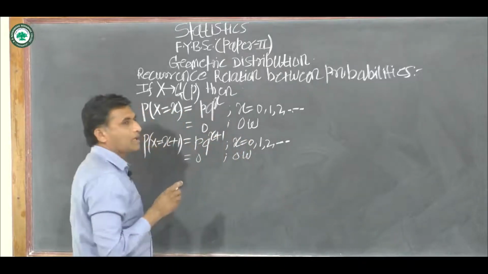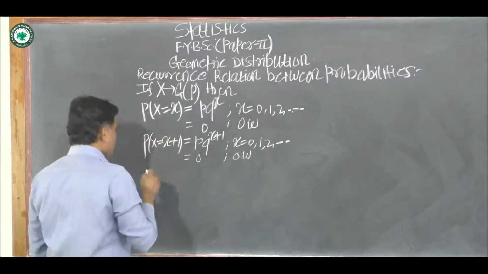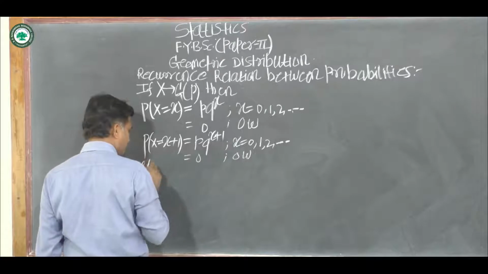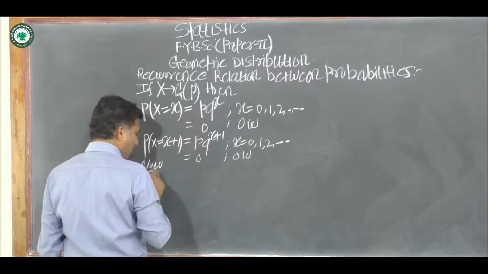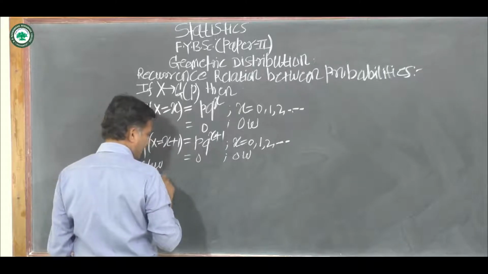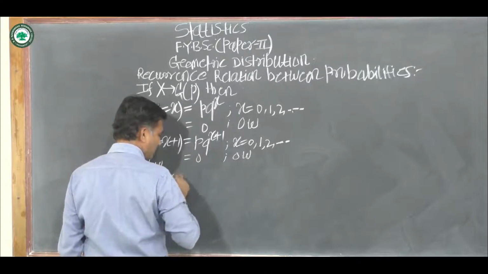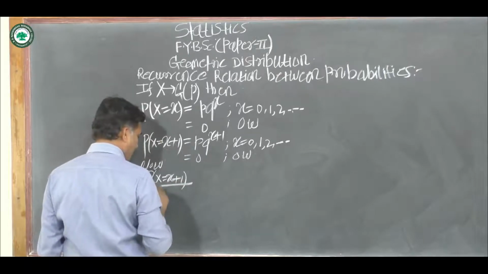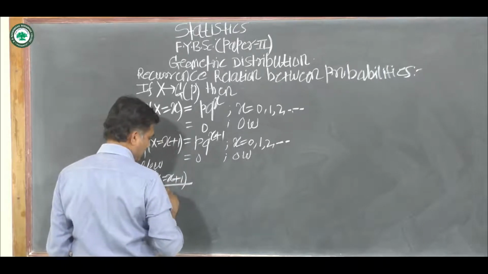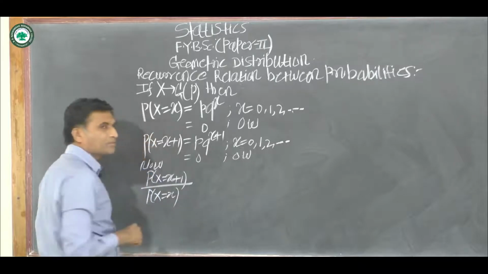Okay, now we take the ratio of probability of X equal to x plus 1 upon probability of X equal to small x.